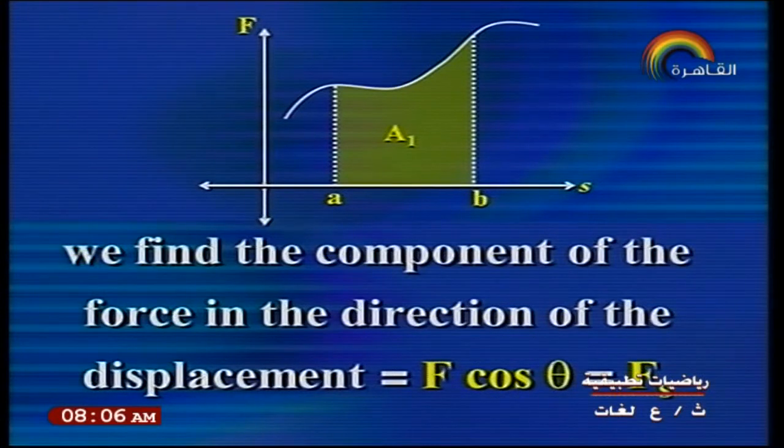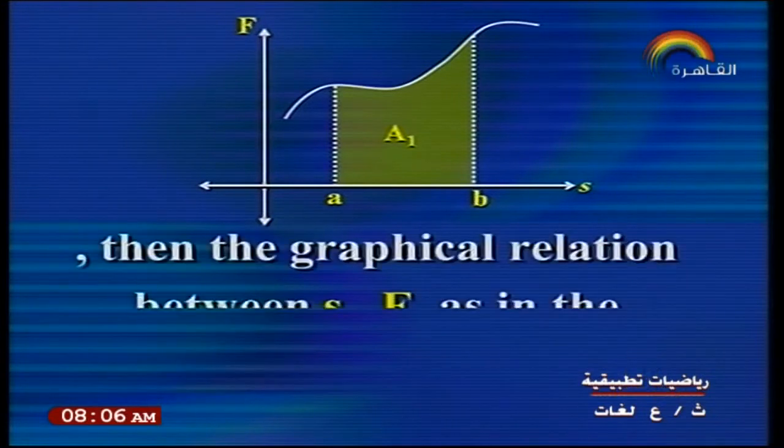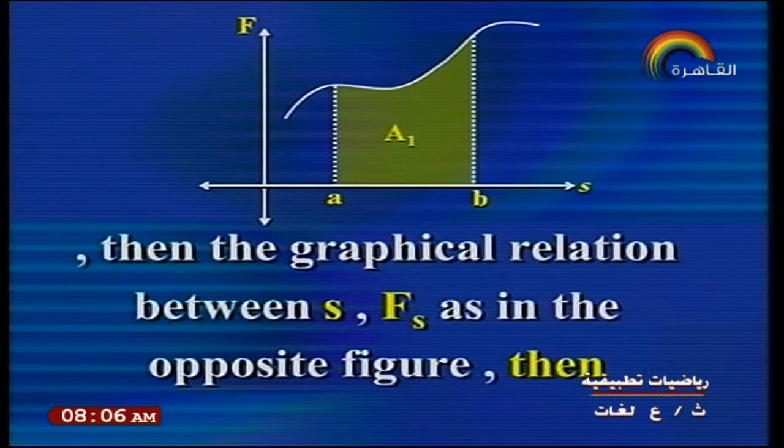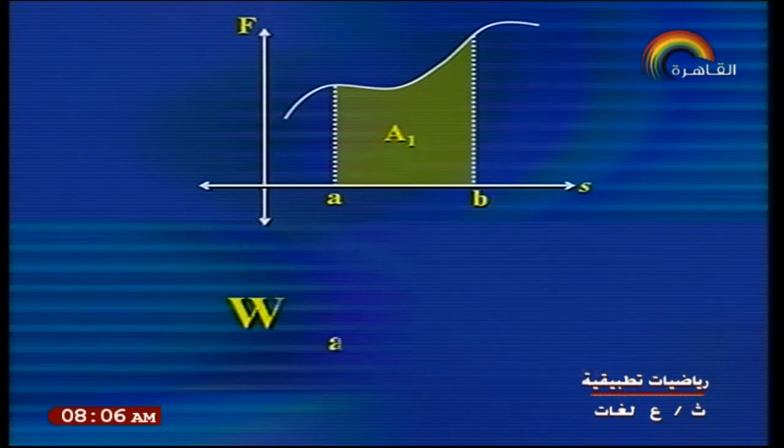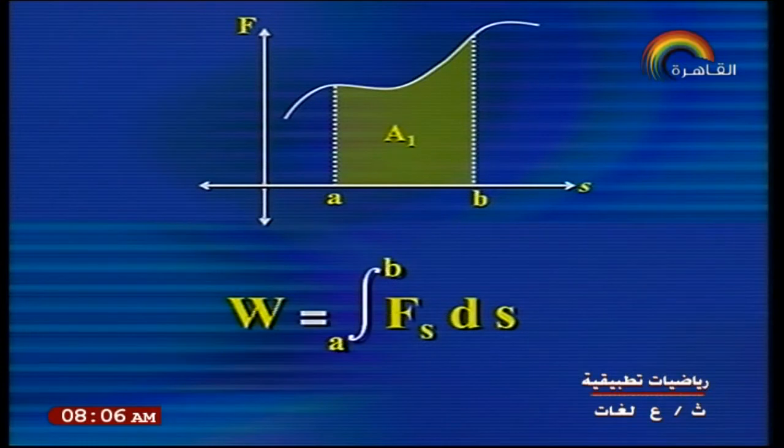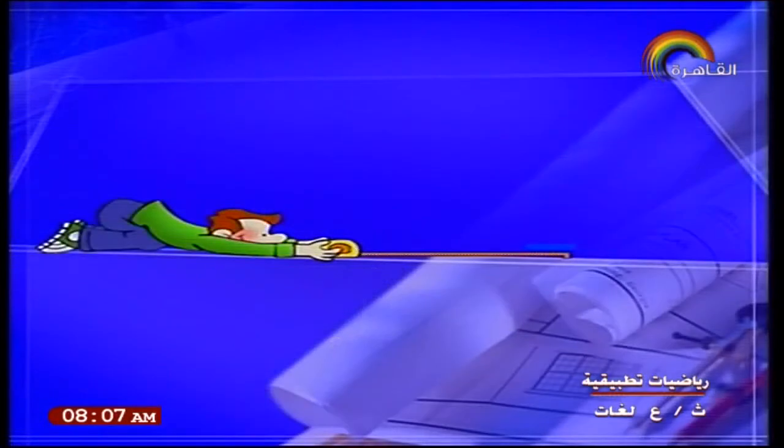Then, from the graphical relation between S and Fs in the opposite figure, the work done equals the integration from A to B of Fs ds. Remember, Fs is the component equal to F cosine theta.